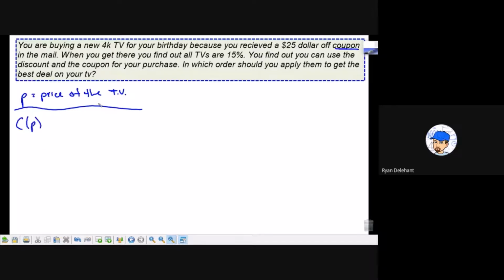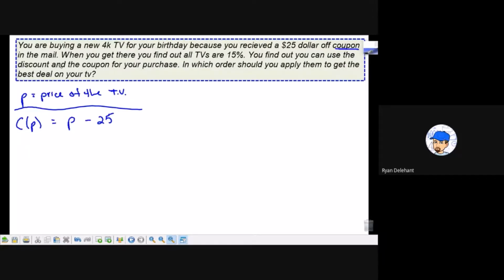The price of our TV is no coupon, no discount, nothing. This is MSRP, right? This is what the sticker says before anything else. So if I applied my coupon, what math would I do to the price to find what I'm actually going to pay for it? I'm going to take this price and subtract 25 from it.